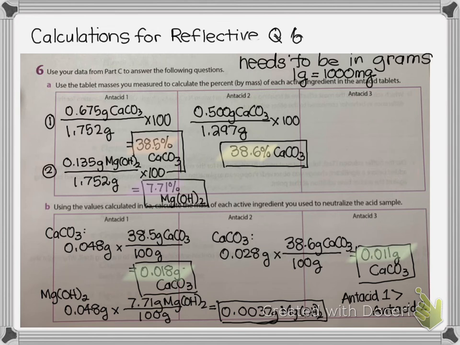Maybe having the 2 ingredients had an additional effect. Or, as someone wrote in their observations, maybe one of them dissolves or mixes faster than the other, and that might change the effectiveness. There are different reasons why the amounts you use might not match the percentages. It could be a variation in ingredients.